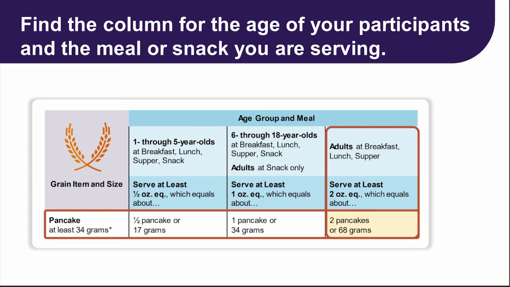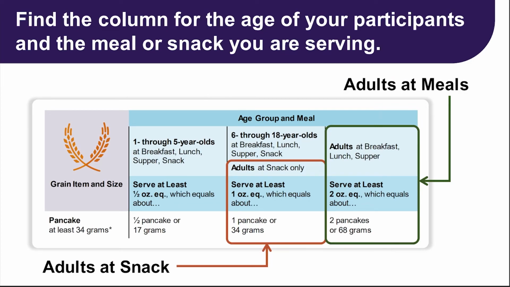You would find the adults at breakfast column and then follow that column down to the pancake row. If you look at where the adults at breakfast, lunch, and supper column meets the pancake row, it tells us that we need to serve 2 pancakes in order to meet the minimum amount of grains required at breakfast for adult participants.